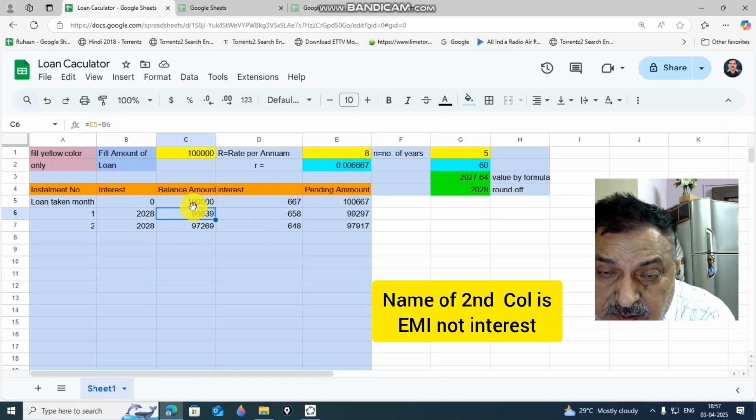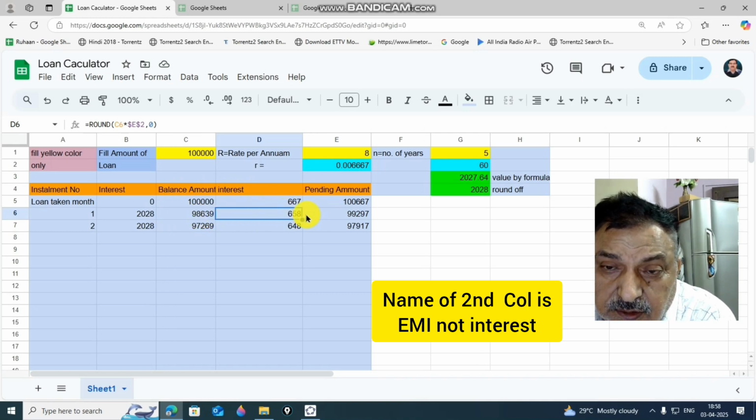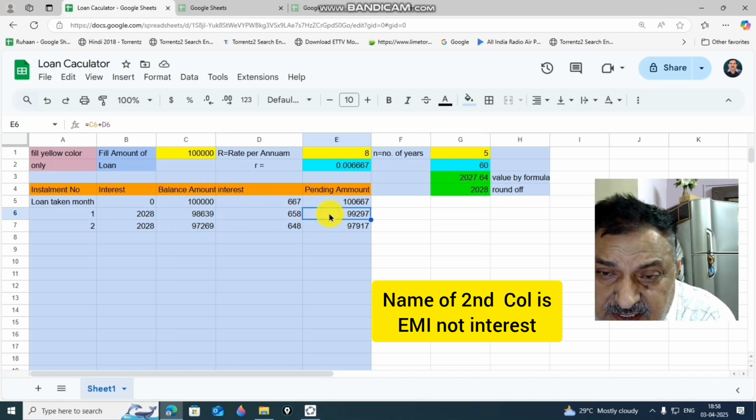E5 means the pending amount taken on loan plus interest, and E5 minus B6 means this amount minus the EMI paid. Next, similarly, interest on this amount is this, and the total of both is this.